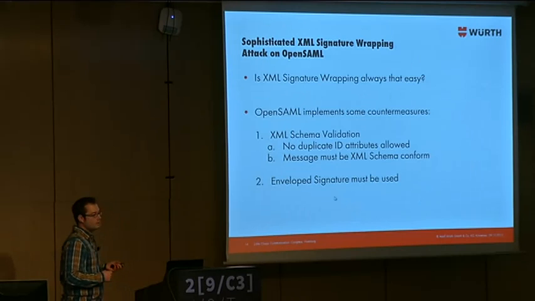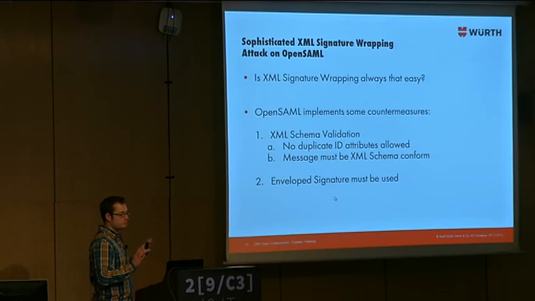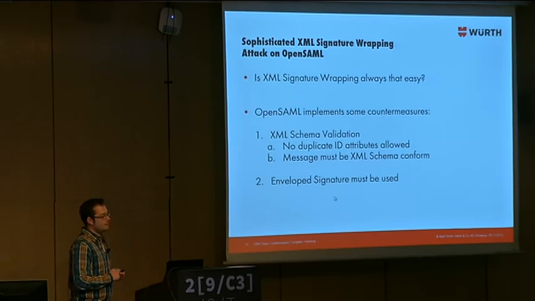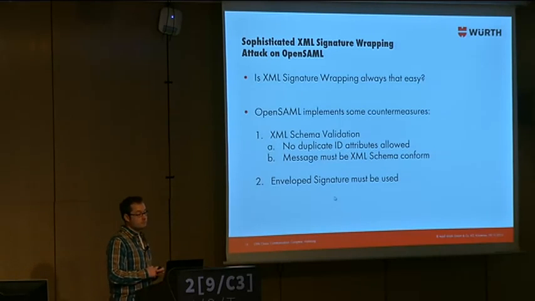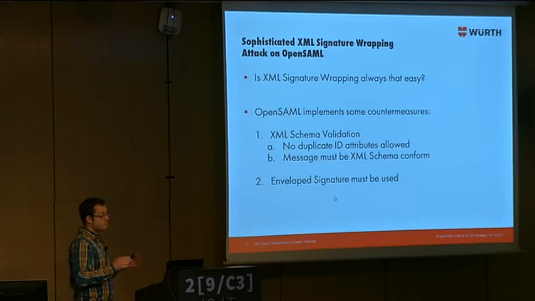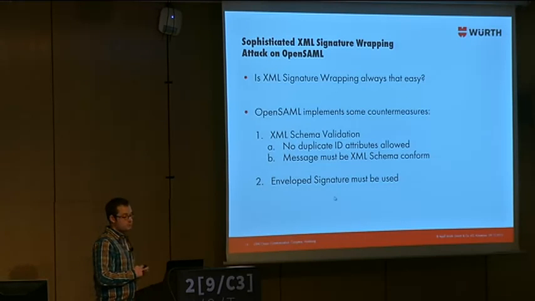Okay. So after seeing these trivial attacks, one could assume: is XML signature wrapping always that easy? While we investigated several frameworks, we found OpenSAML, which is really popular and also applied in many famous SAML frameworks like Shibboleth or SwissID. And OpenSAML implements some countermeasures.